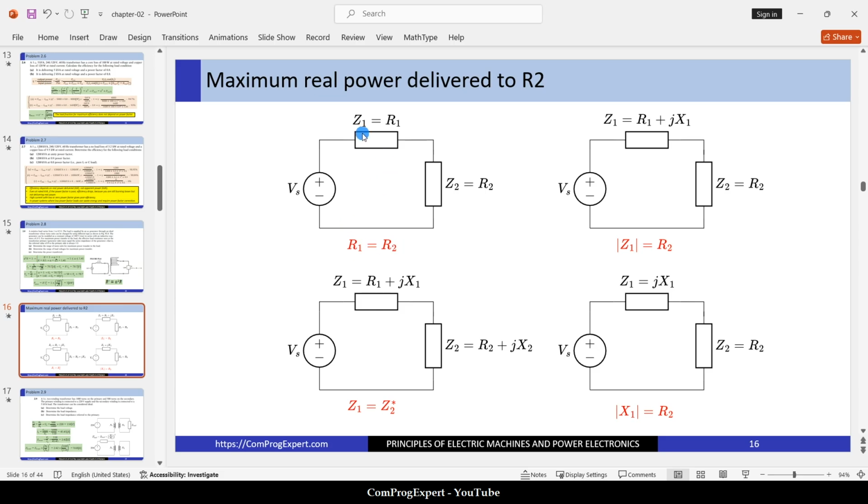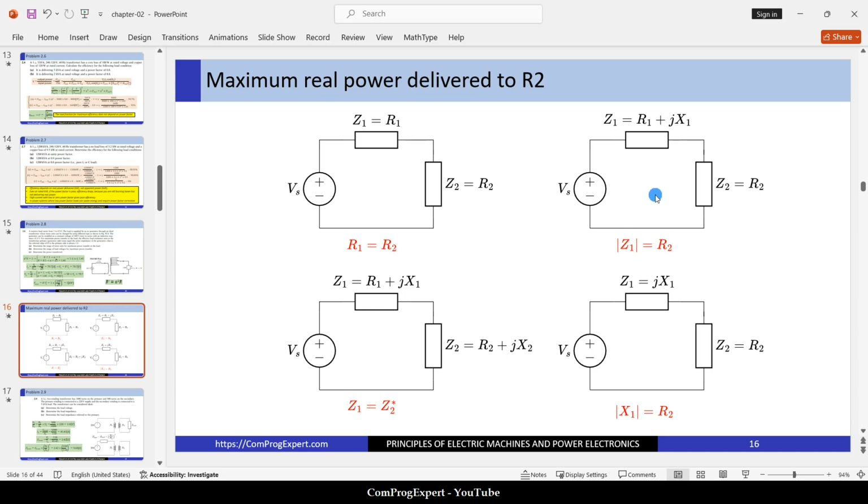When we have two impedances, Z1 and Z2, that are equal to R1 and R2, resistive loads, we don't have any inductive or capacitive components in Z1 and Z2. In this case, the maximum power is delivered to R2 when R1 is equal to R2.